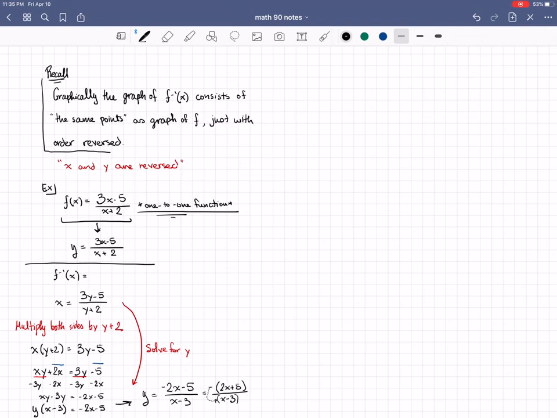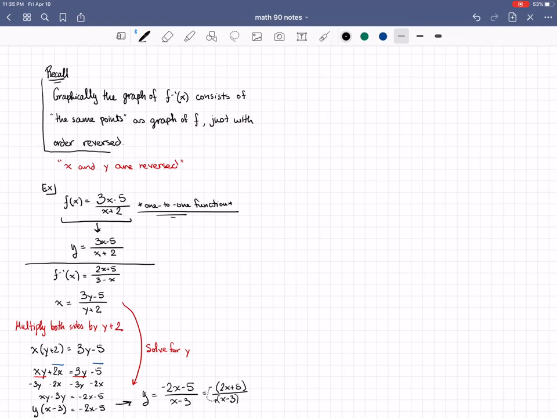So what you end up with is 2x plus 5 on top, and then distributing the negative in the denominator, you have 3 minus x. So we have 2x plus 5 over 3 minus x. So that is the inverse function there.